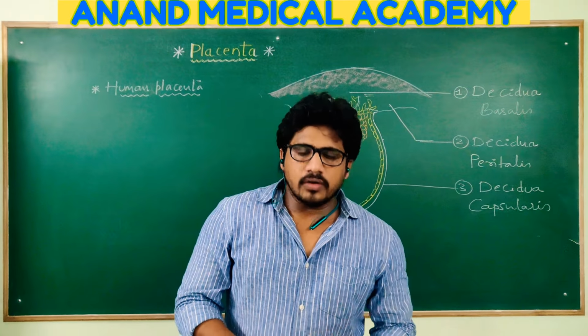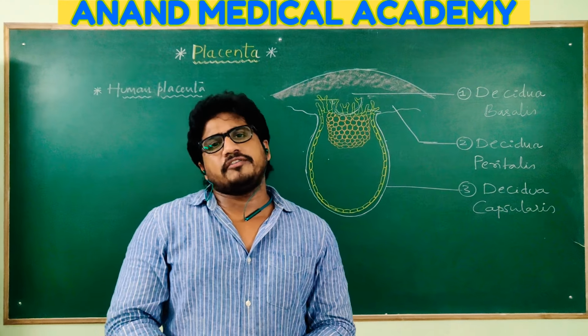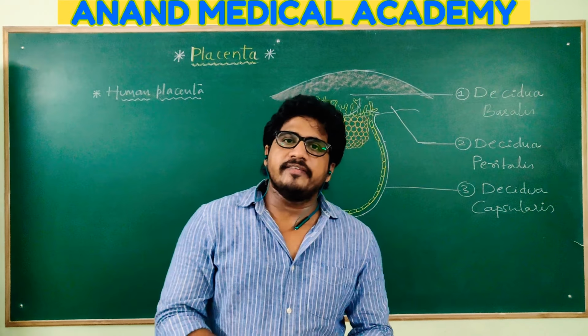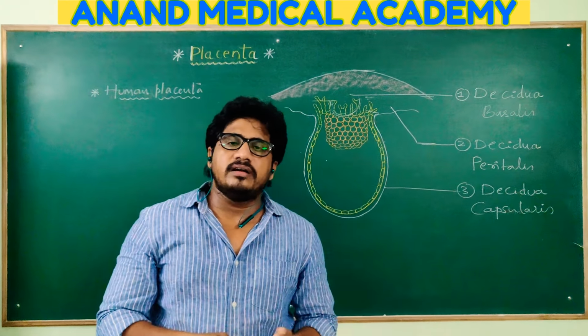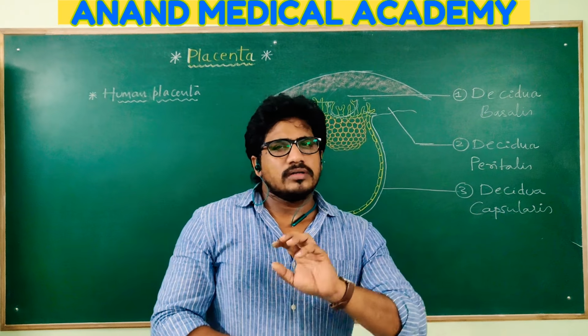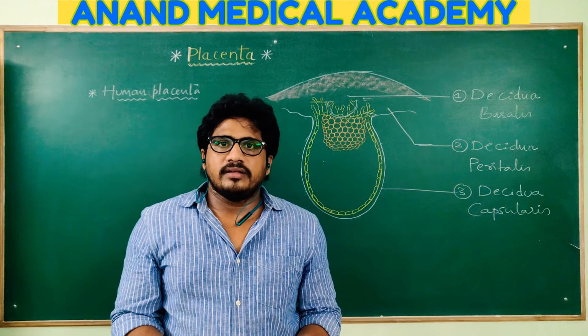Okay. So when does the placenta, the structural unit of the pregnancy, form after fertilization? You know very well that after fertilization, gradually, with every hour and every day, some significant structures have been formed. So by the end of the 7th day after fertilization, implantation is formed.